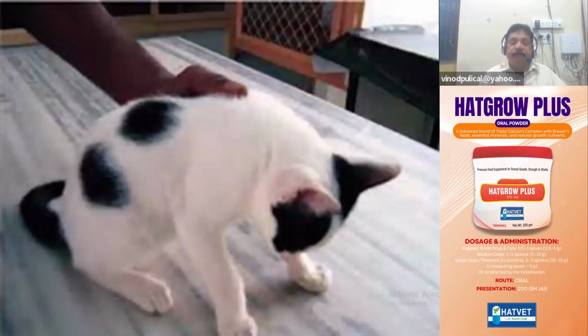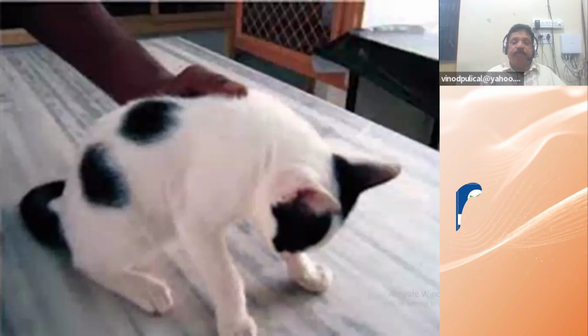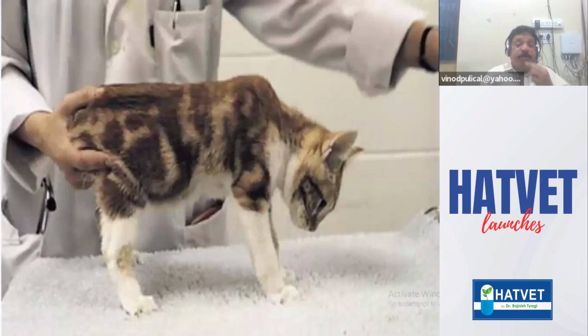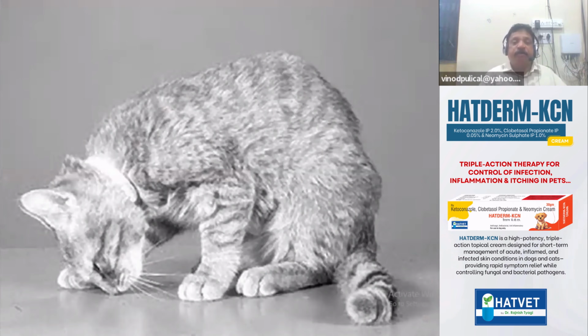This is typical ventroflexion due to hypokalemia. Sometimes the nose tip even touches the ground or the tabletop.